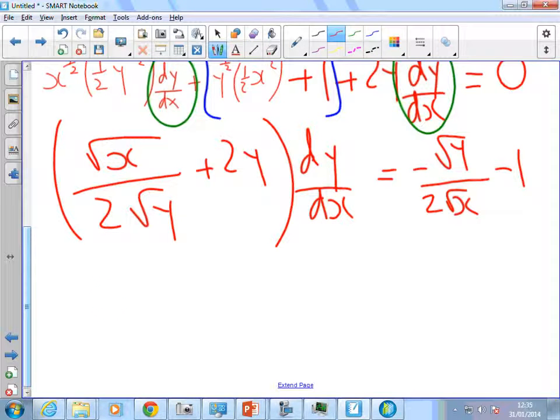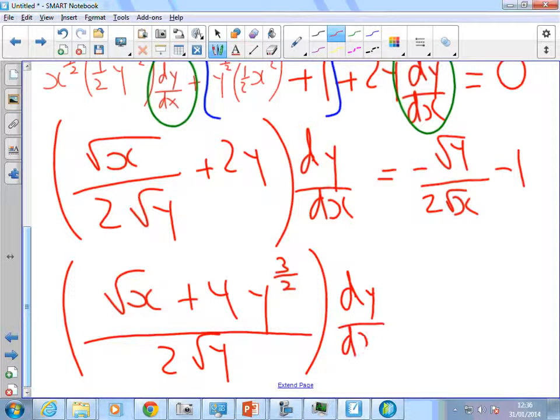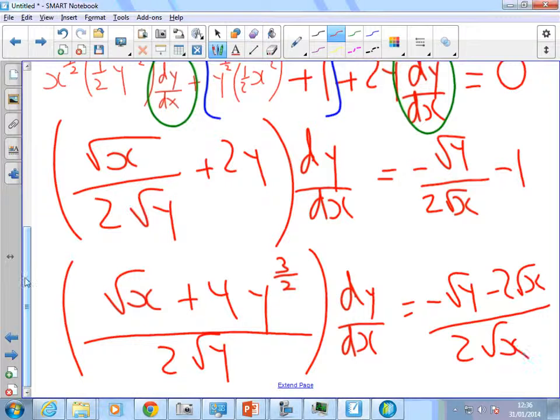If I combine the fraction, I have root x plus 4y to the 3/2, y times root y, all over 2 root y, dy dx is equal to, I can do the same thing to this, minus root y minus 2 root x all over 2 root x.